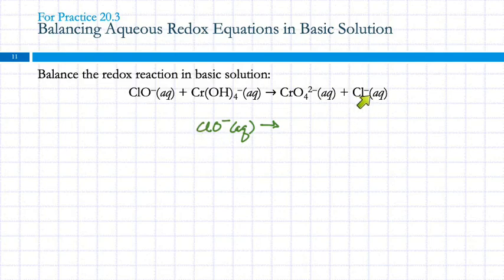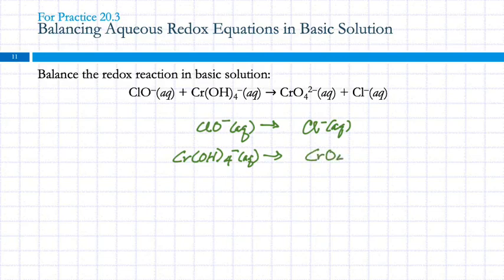This has chlorine in it, so I'm going to pick the chloride, because I couldn't change chlorine into chromium, that just wouldn't work. So the other reactant here, and CrO4 2 minus there.